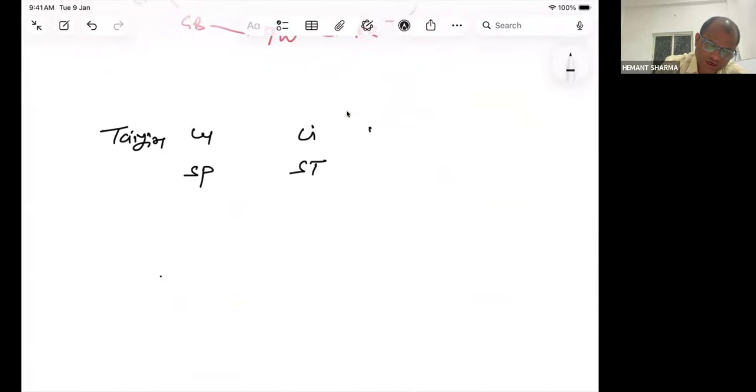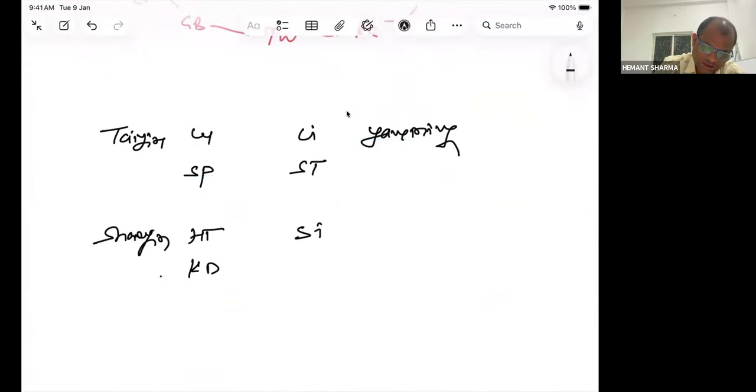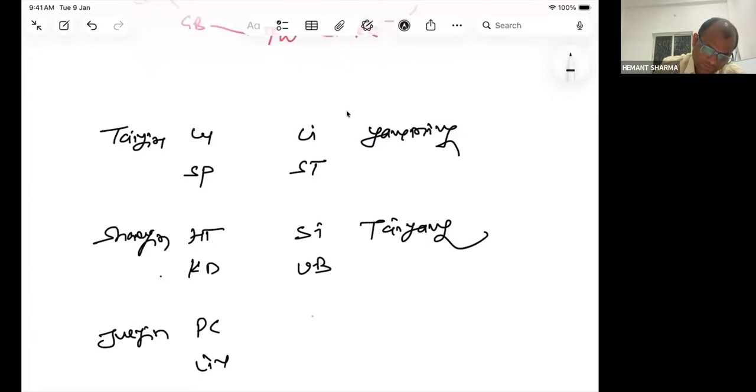LI and ST here is Yang Ming. Then Shao Yin, heart and kidney. Then here we have written SI and UB, Tai Yang. Then we have written Jue Yin, pericardium and liver. And here we have written triple warmer and gallbladder, Shao Yang.